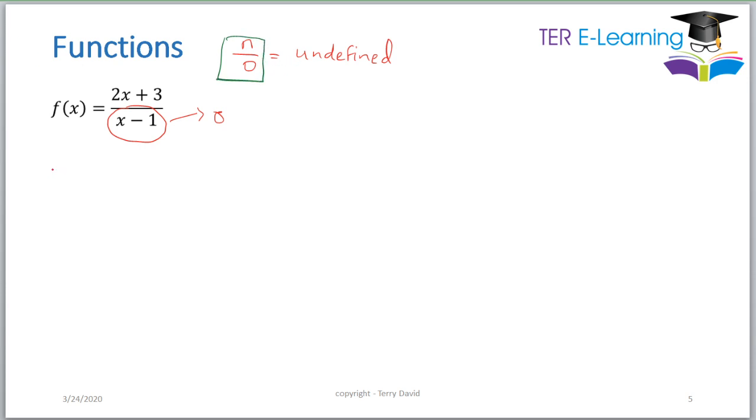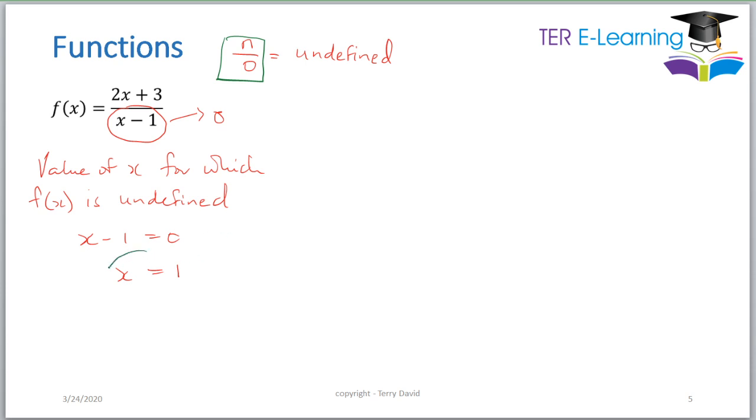So the value of x for which f of x is undefined is when x minus 1 is equal to 0, and therefore x is equal to 1, right?